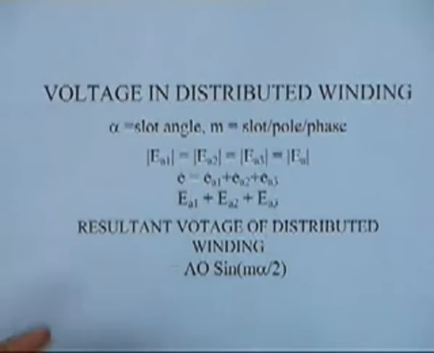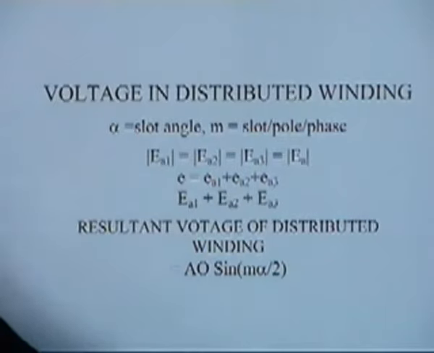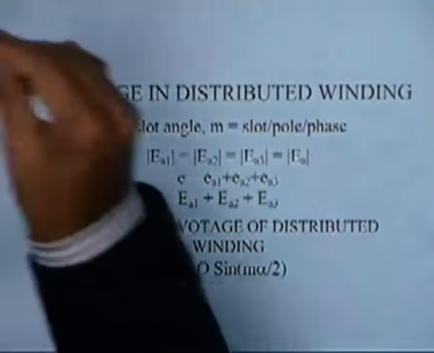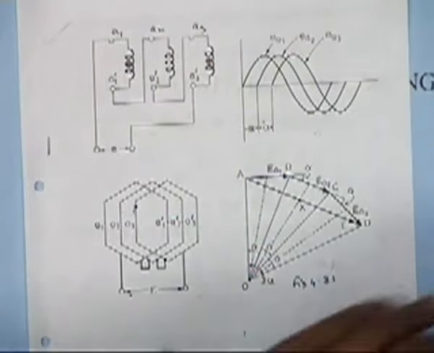Next we come to another situation where there is a distributed winding. That means it is not concentrated in one coil, but distributed in more than one. We may have a situation where there are not one but maybe 3 coils for each phase.